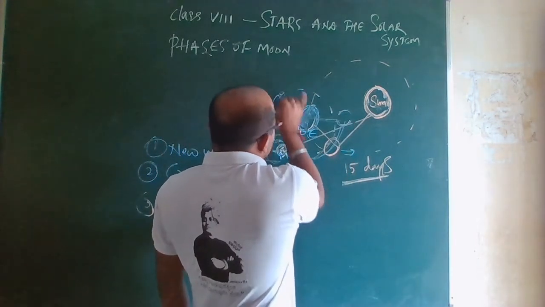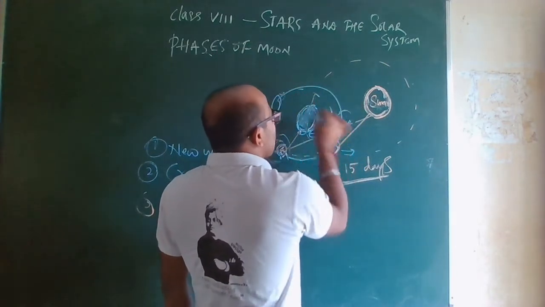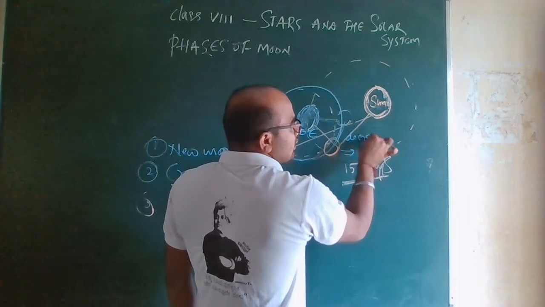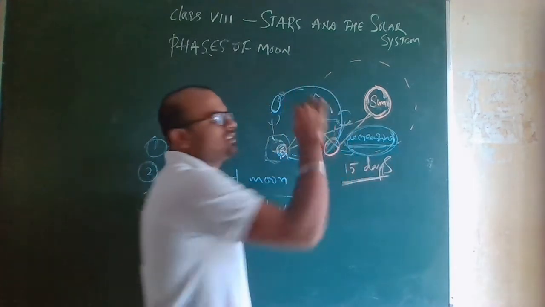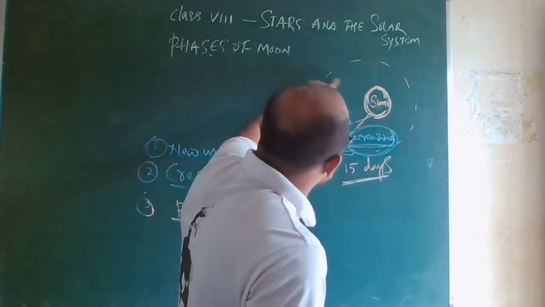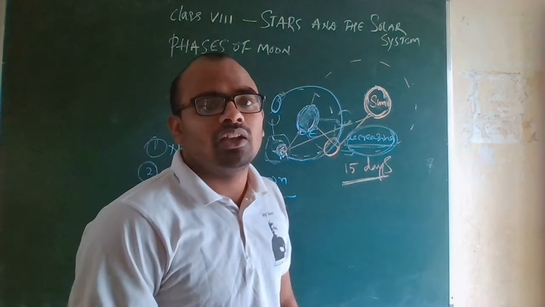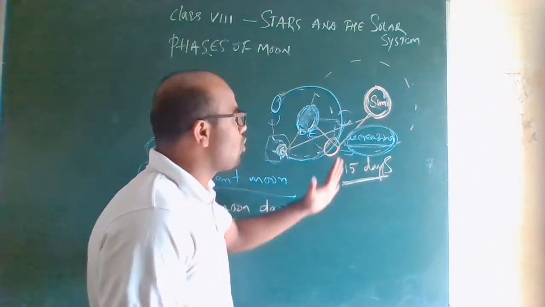Say here. After this what happens? Again for 15 days it goes on decreasing. The light part goes on decreasing. That is called waning, because the light is going on decreasing.